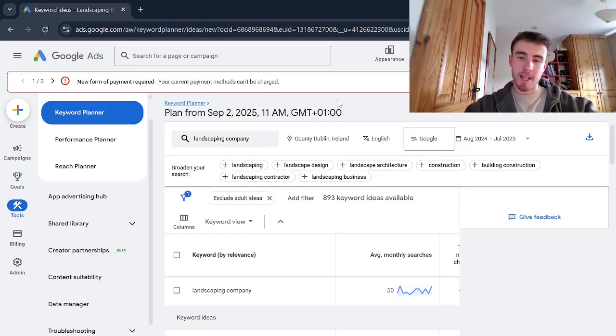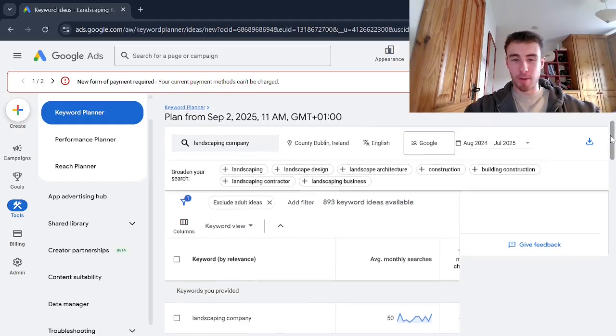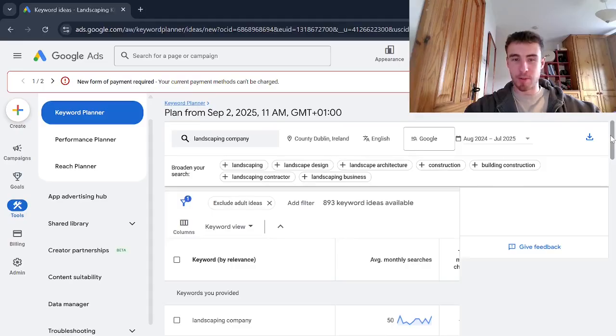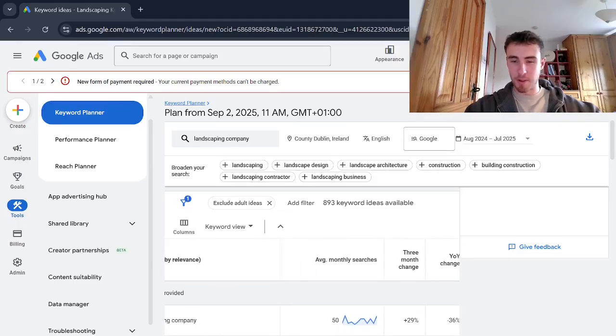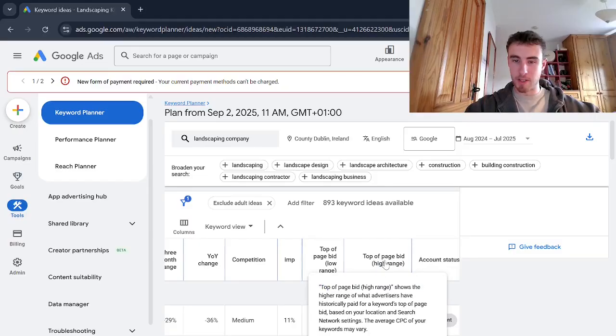And when it comes to setting up a brand new Google Ads campaign and using maximize clicks, which we don't want to stay on forever, the best way of going about this is that when you're doing your keyword research inside the keyword planner, by entering in the location that you're planning on targeting and entering in some keywords that are relevant to the services that you offer, like we have here with this landscaping company, what you want to do is look at the keywords that you'll be targeting and scroll across here to where it says top of page bid high range.